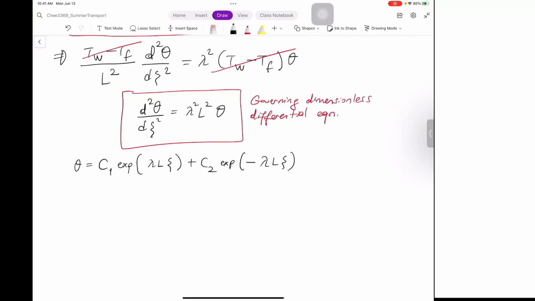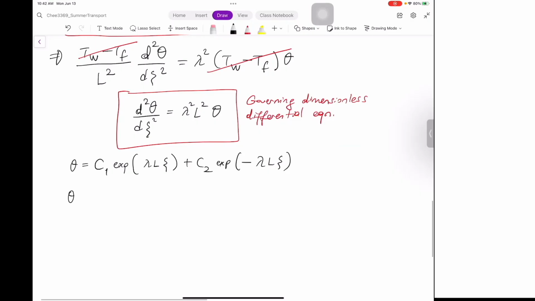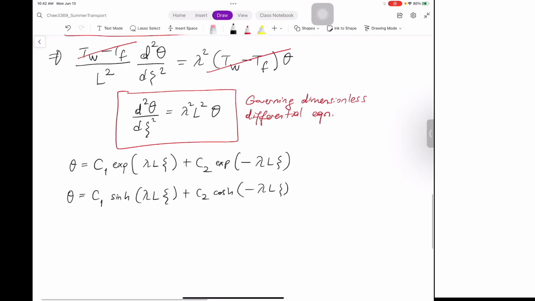Or any combination of exponential plus and exponential minus, you can write it in terms of sine hyperbolic and cosine hyperbolic. And instead you can say it can be C1 sine hyperbolic lambda L psi plus C2 cosine hyperbolic lambda L psi, but not necessarily the C1 and C2 are the same C1 and C2.